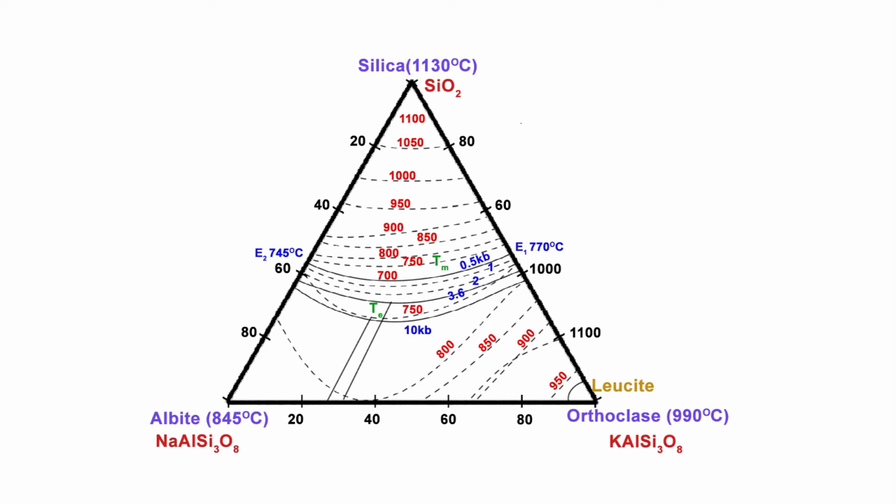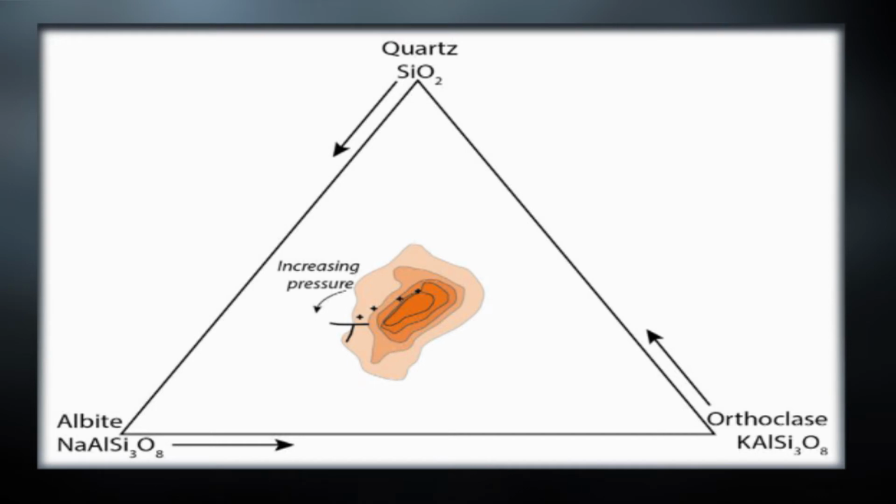The melting experiments on the granitic system clearly show that the dry granite solidus has a positive slope while the wet solidus has a negative slope. This helps us to understand why granites are the most abundant plutonic rocks, while basalts and not rhyolites are the most abundant volcanic rocks.